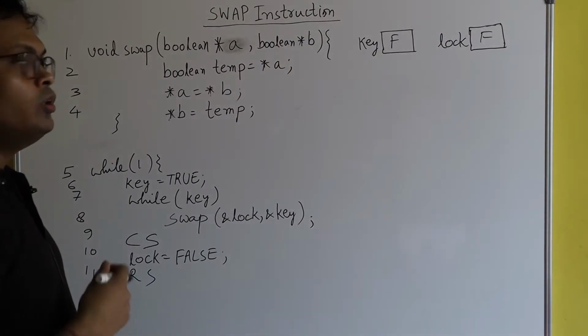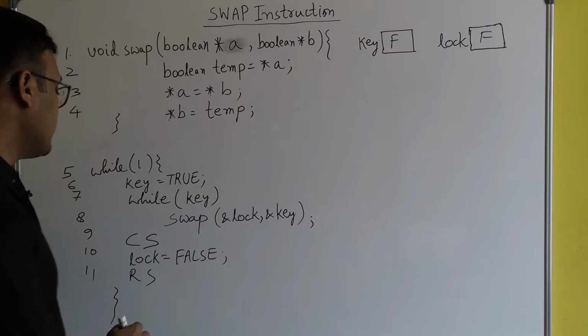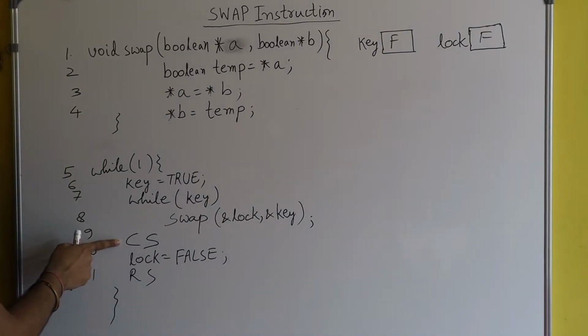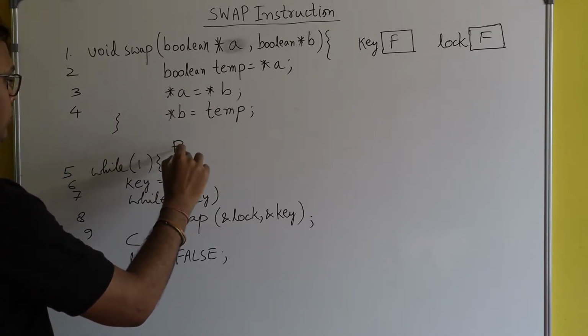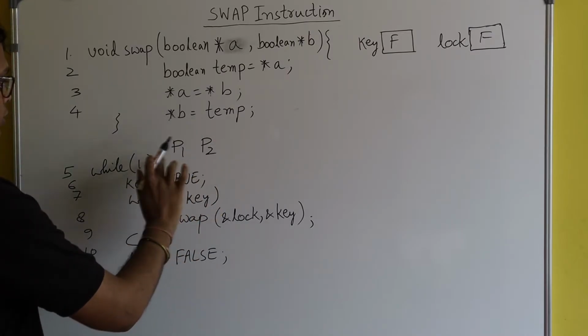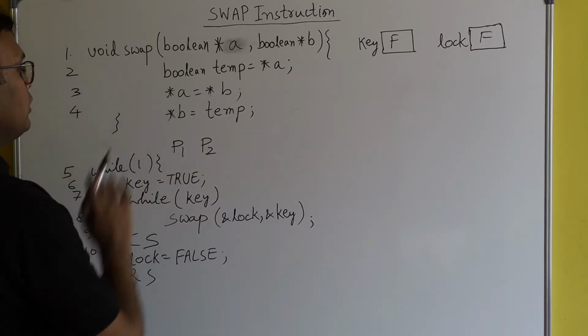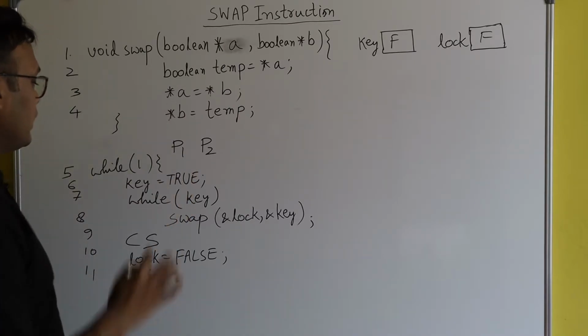Now suppose two processes want to enter the critical section. Here is the critical section, CS. Initially both these processes, P1 and P2, are here. Suppose P1 has the CPU and P1 will enter the critical section.